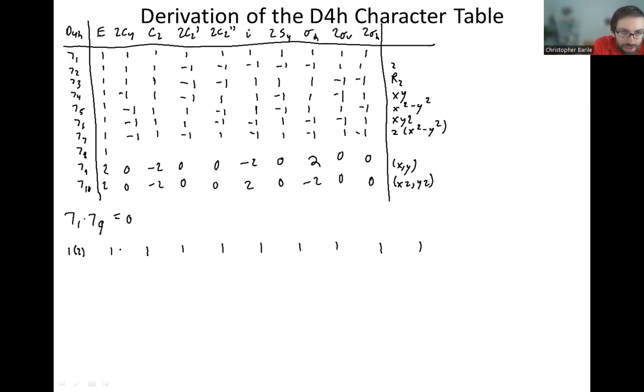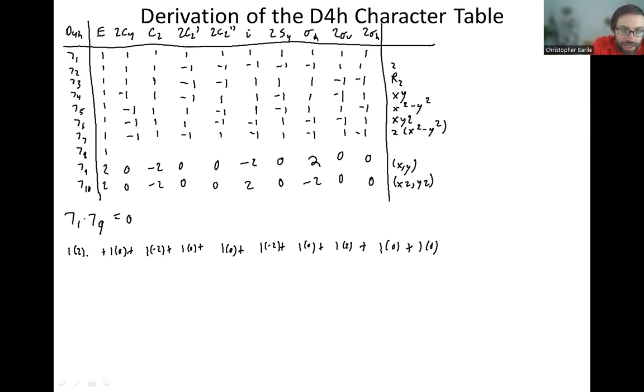So multiply by 2, by 0, by -2, by 0, by 0. I'm just going here, by -2, by 0, by 2, by 0, by 0. And then we add all these up, but we have to multiply by the number of symmetry operations in each class, okay?